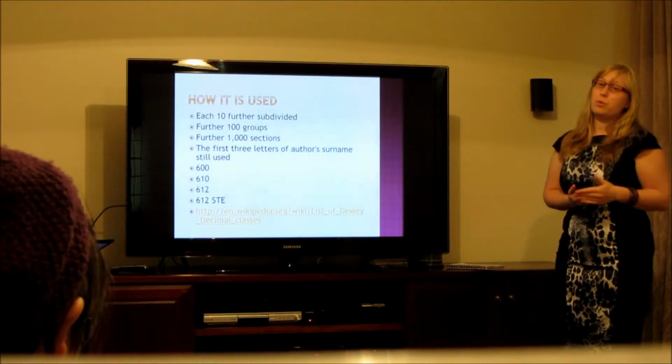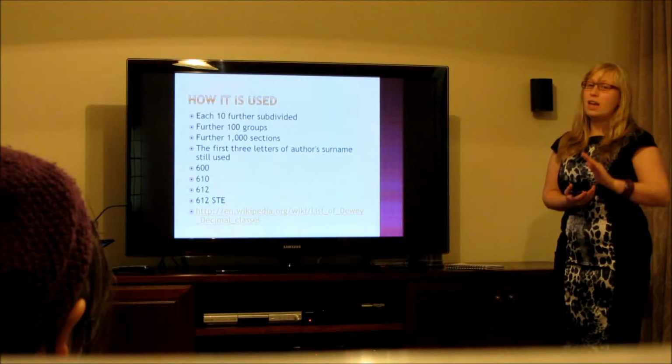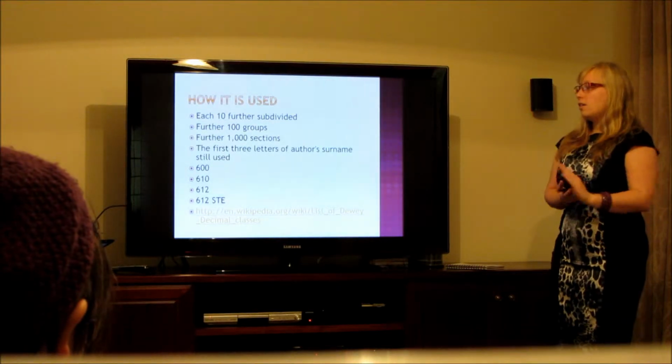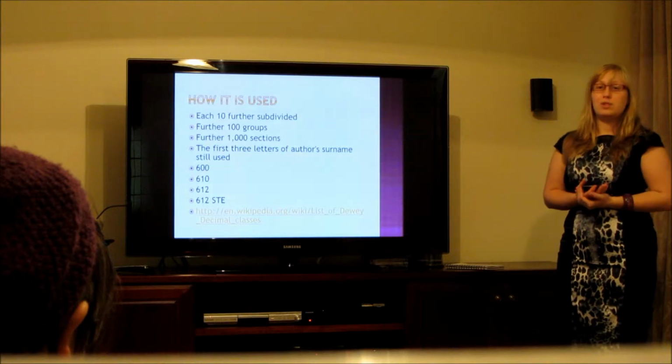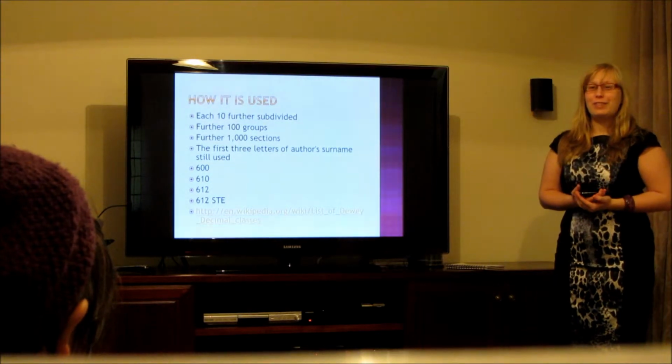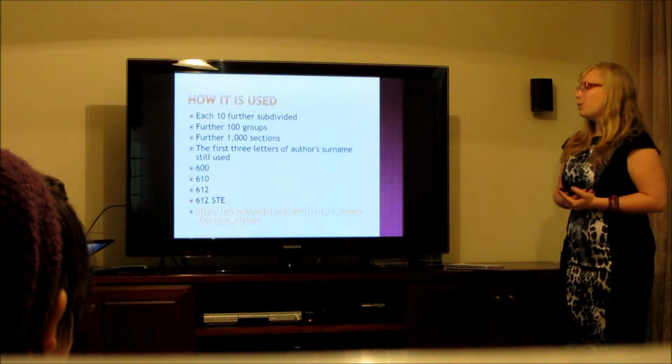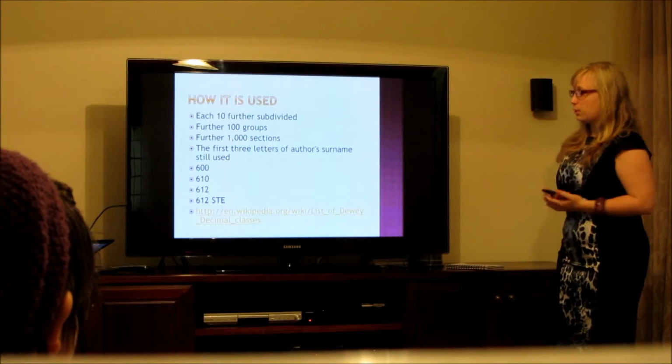So if you were to look for a book on medicine and human physiology, it would be through there. And then after that you would put 612 STE. I'm using my surname as I have not looked into the books at the moment, but I'm sure if I was to publish one, this is what it would look like.